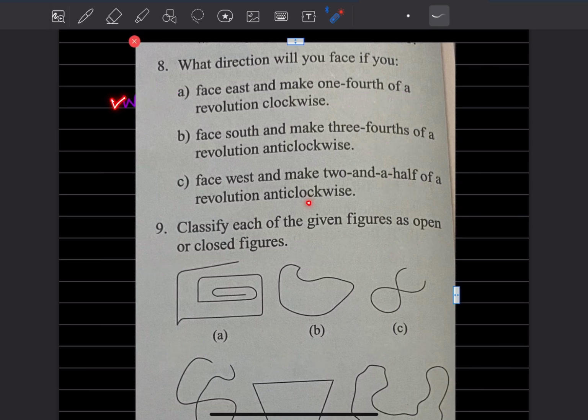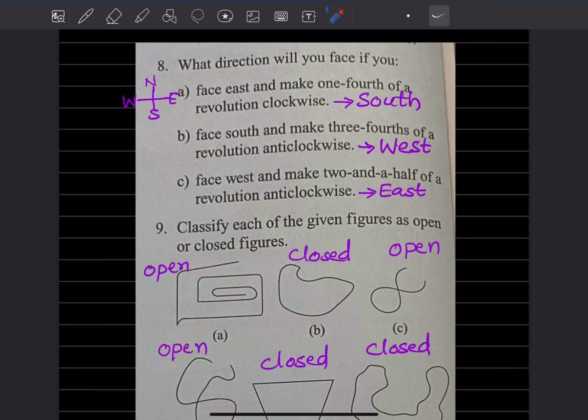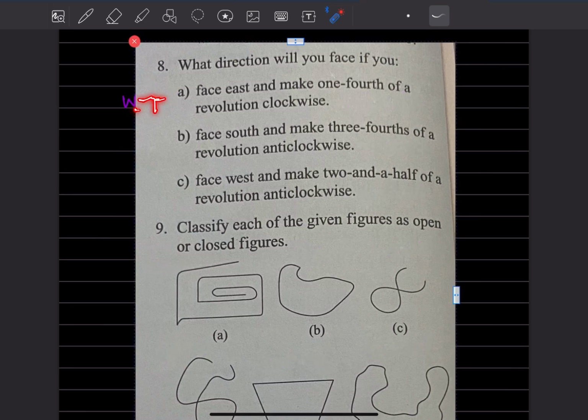Face west and make 2.5 of a revolution anti-clockwise. So west is here, and 2.5 means from here you will go once, and you are going to land over here again. Again from here you will start, this is 2. Again you will land on the west, and then half. Half means what will you do? This is a quarter and this is half.